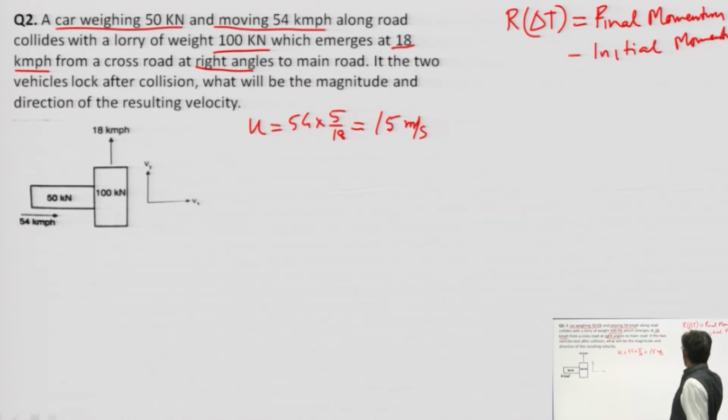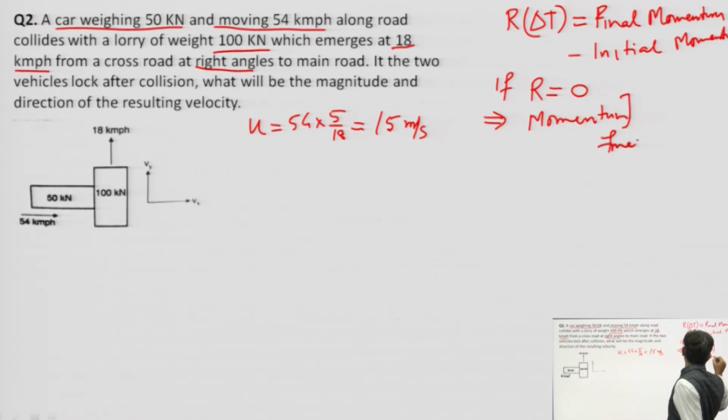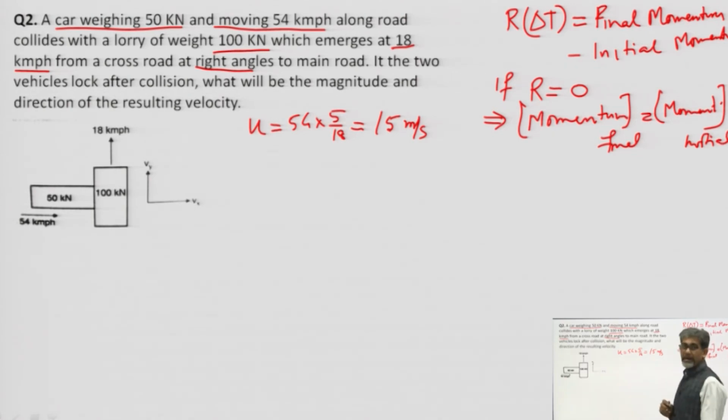Now, if capital R, means force causing motion, is equal to 0, then what will we have? We will have momentum final is equal to momentum initial. What does it mean? It means that there is a conservation of momentum.